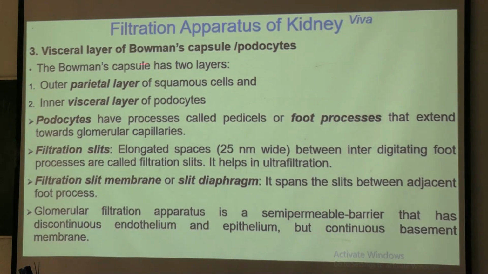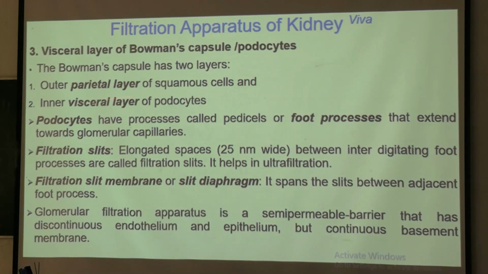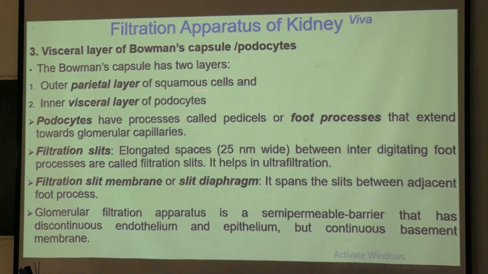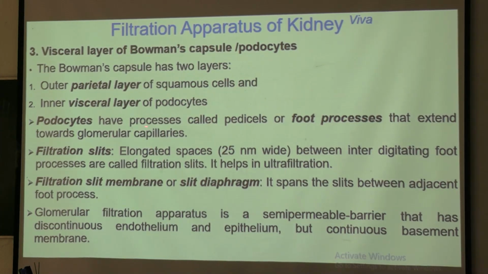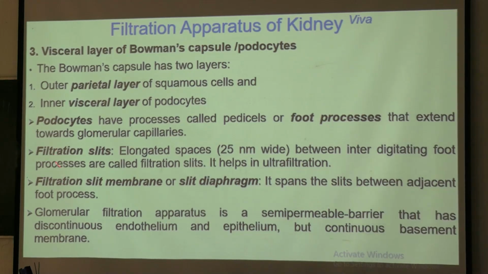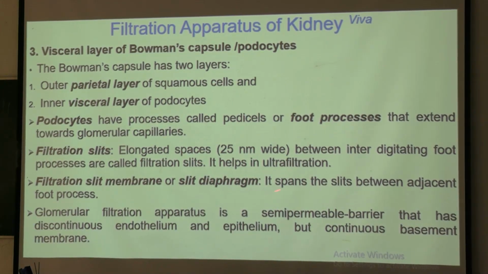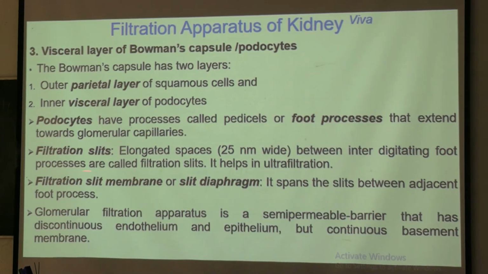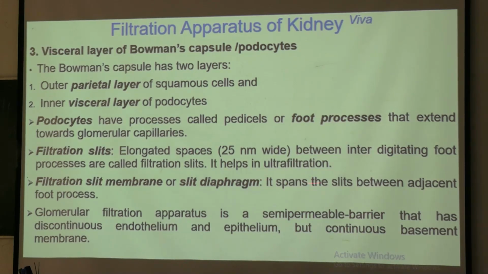Next is the visceral layer of Bowman's capsule, or podocytes. The Bowman's capsule has two layers: the outer parietal layer, which is formed by squamous cells, and the inner visceral layer of podocytes. Podocytes have processes called pedicles or foot processes, and they extend towards the glomerular capillaries. Filtration slits are elongated spaces about 25 nanometers wide between the interdigitating foot processes, and they help in ultrafiltration.